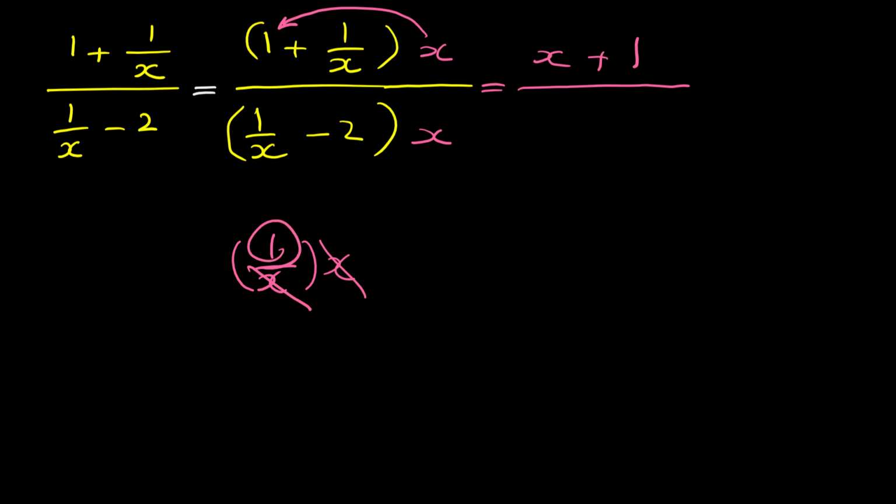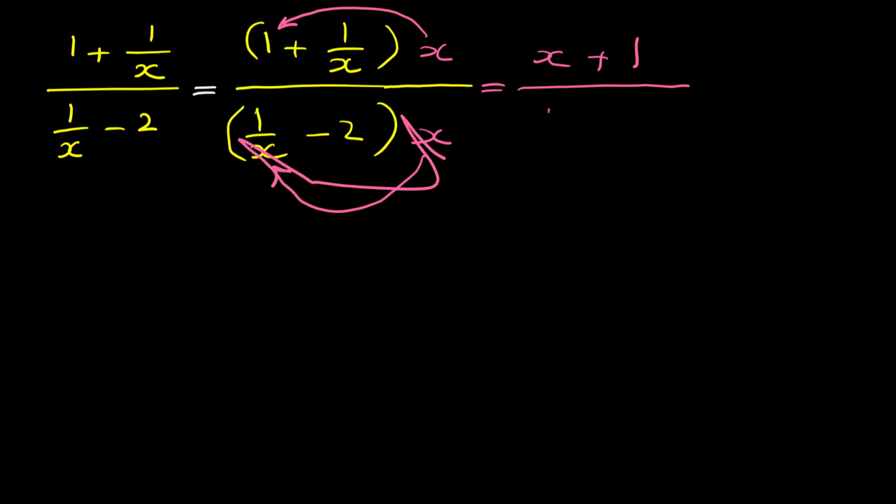This is for the numerator. What about the denominator? In the denominator, x times 1 over x, again x with x cancels, we have 1, minus x times 2 is minus 2x. And this is the final answer of this question. So the answer is x plus 1 over 1 minus 2x.